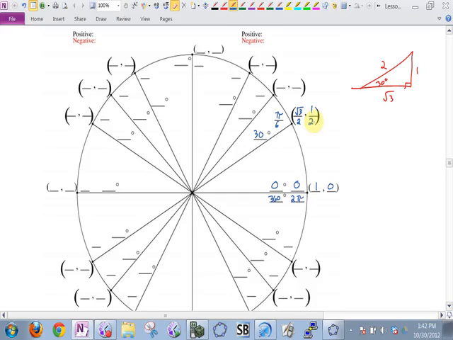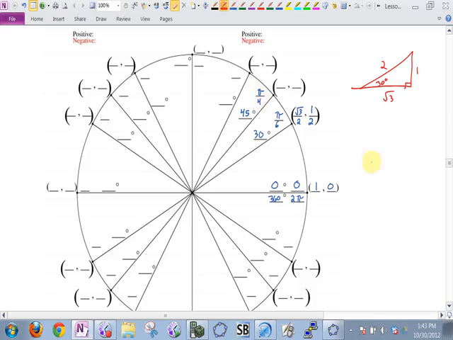What is the next angle worthy of being memorized? 45. How many radians is 45 degrees? Pi fourths radians. Okay, right around the number 0.75, a little bit larger than 0.75.